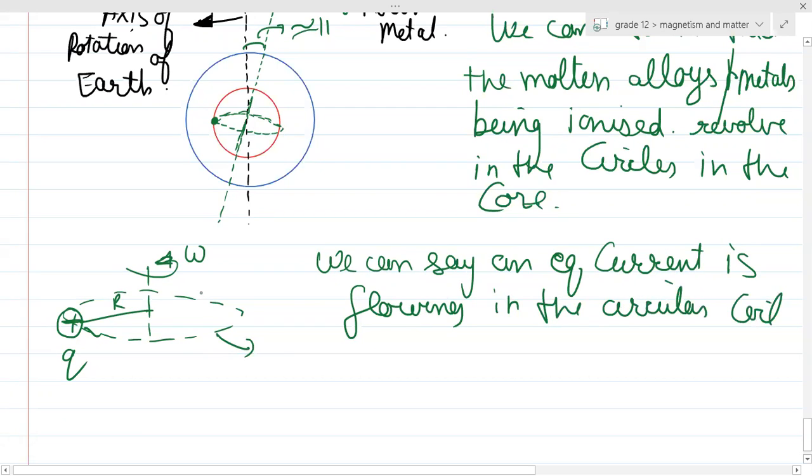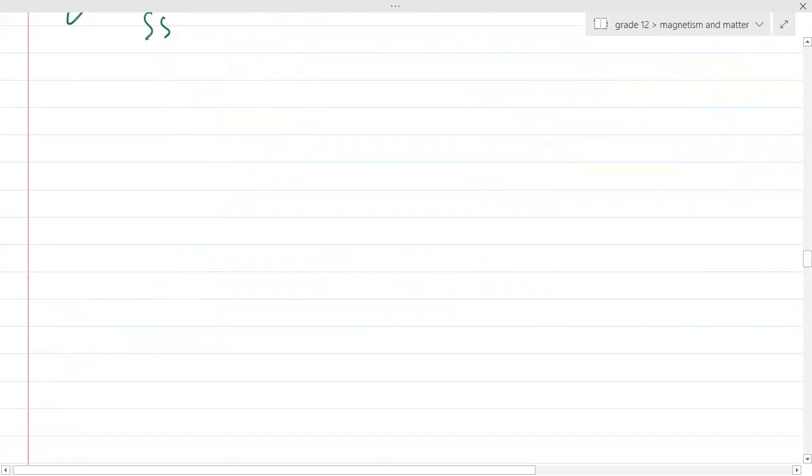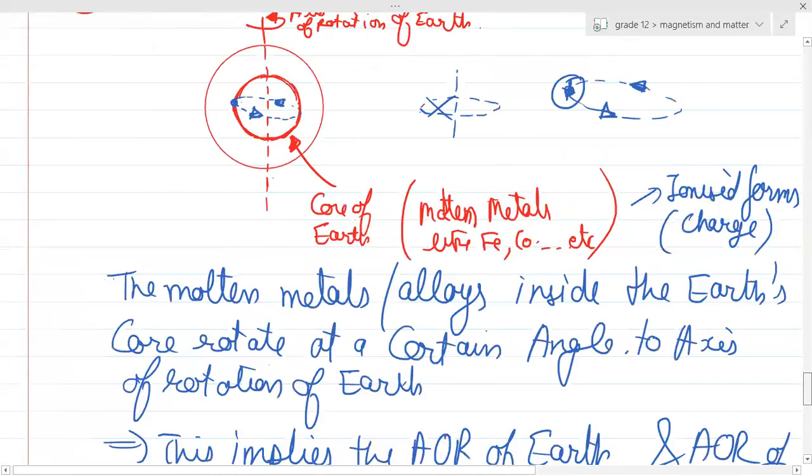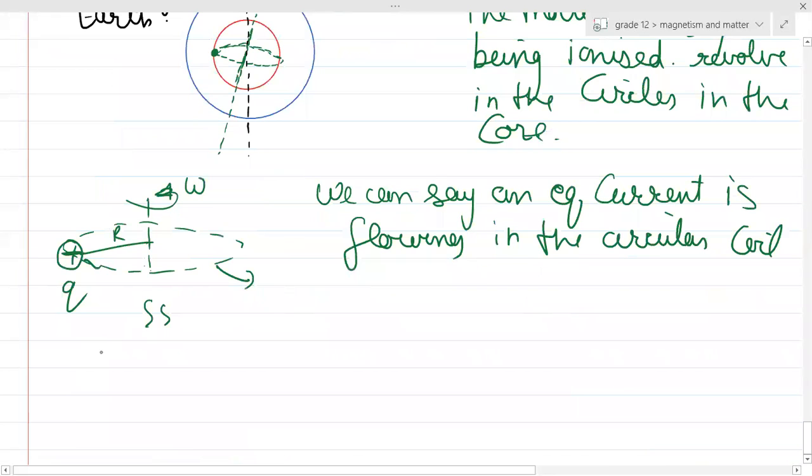So always remember, whenever a charged particle is revolving in a circle, we can assume that this is basically a current carrying coil of the same radius. Are you getting my point? Since it's a positive charge, the direction of rotation and the current will be the same.